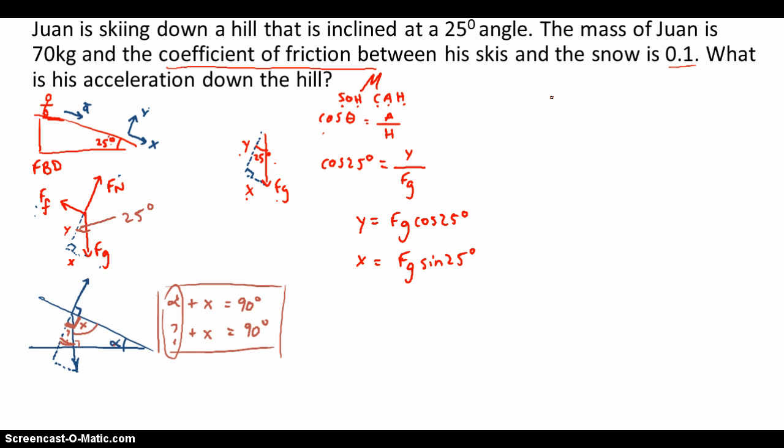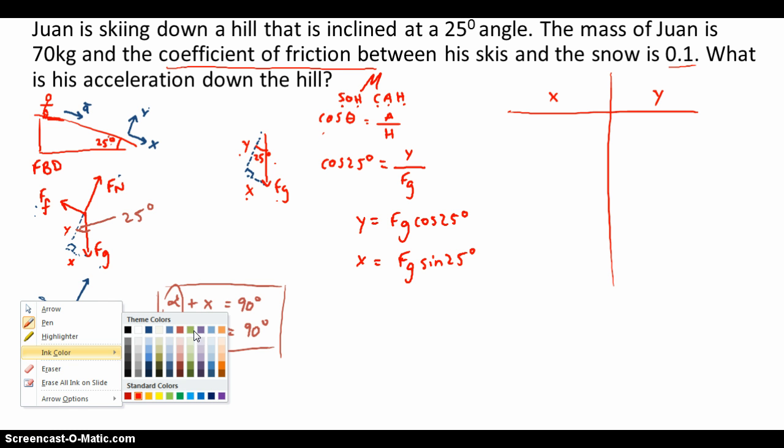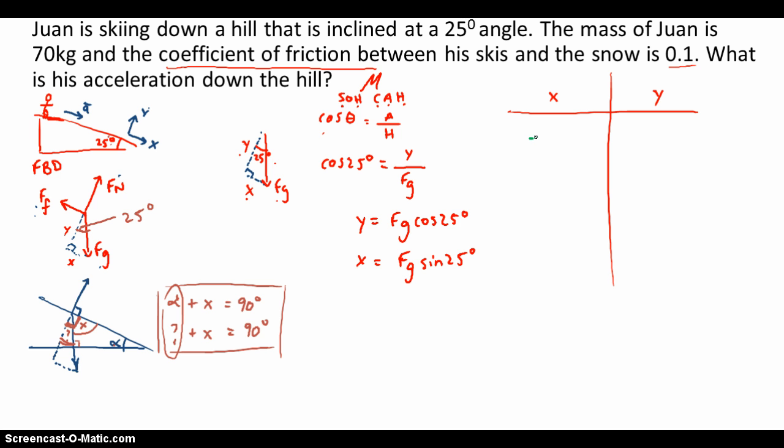So just like we've done with all vectors, let's make an x and y table of our forces. In our x, we'll start with force of friction. We have negative force of friction. Our coordinate system says x is in the positive direction, down to the right.